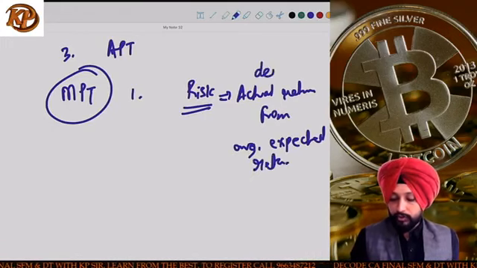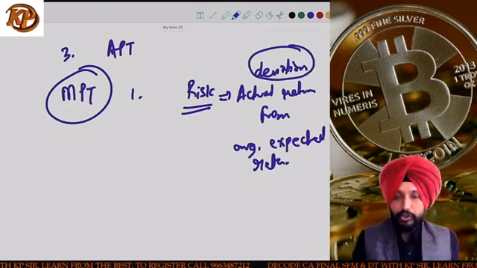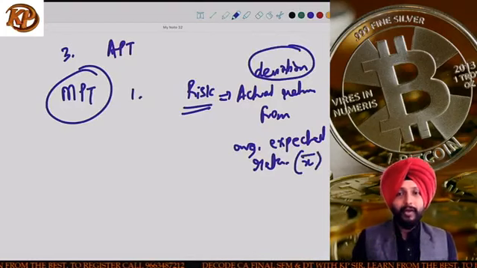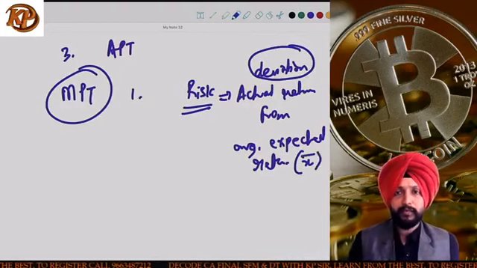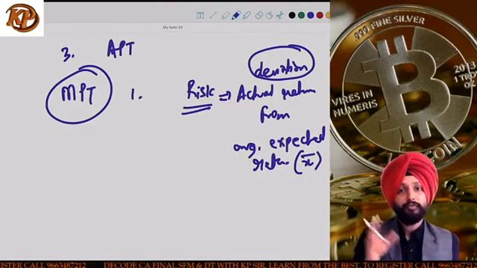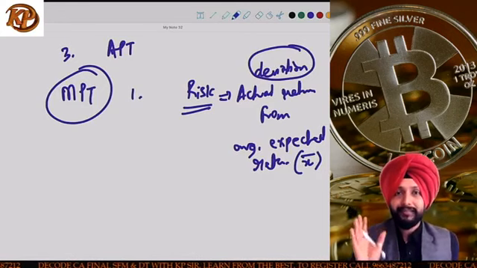What is average expected return? That is mean return. Any deviation of actual return from the average expected return, that is X bar, is called risk.